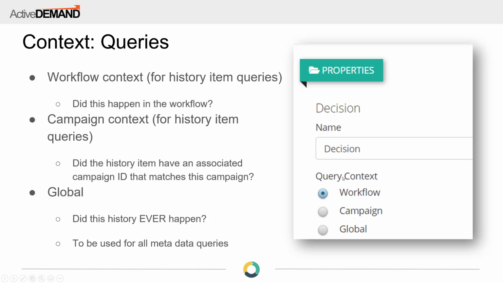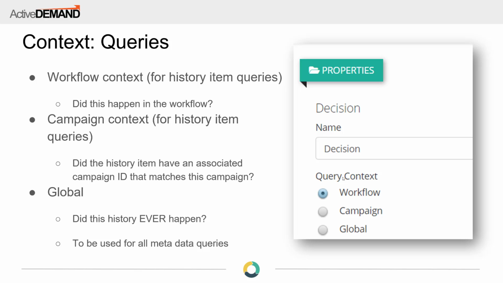And it's something that we put in place to simplify the query building. Why? Well, if you think about it, we have transactional data and metadata. Transactional data, that's anything the prospect has done through the entire history of that prospect's life cycle up until the point of this specific decision.